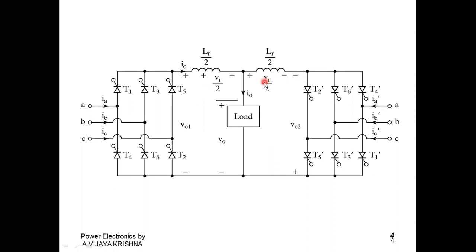In practice, there is a voltage difference occurring between the converter 1 circuit and the converter 2 circuit, so a circulating current will flow in the circuits.